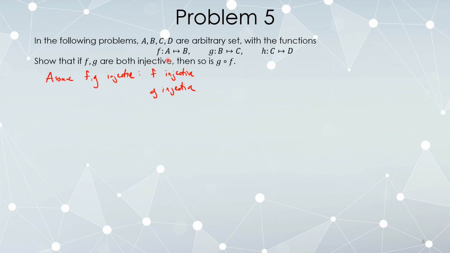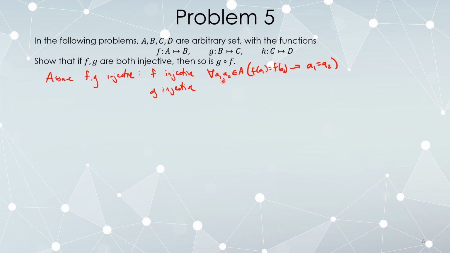So f is a function with domain A and codomain B. The definition of injective is for any two elements of the domain, so the domain here is A, I have two elements, so let's use little a's, but since there's two of them, I'll give them subscripts so that I can tell them apart. So for any two elements of the domain, if I assume that f of one thing is equal to f of the other, then I automatically conclude that the two things I started with are the same. This is the definition of injective.